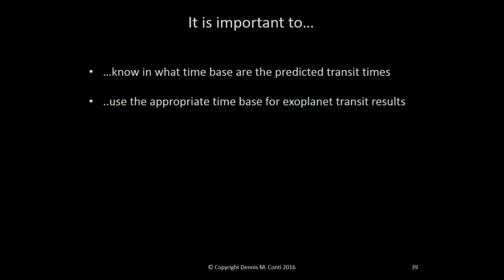Now, for scientific purposes, nowadays the preferred time base is BJD TDB, which eliminates any dependency on where we are on Earth, where Earth is in its orbit, and even goes beyond measurement as if we're in the middle of the sun. It computes as if we're in the very center of the solar system. So that's the preferred measurement we'll be using in our examples, BJD TDB, as our time base.